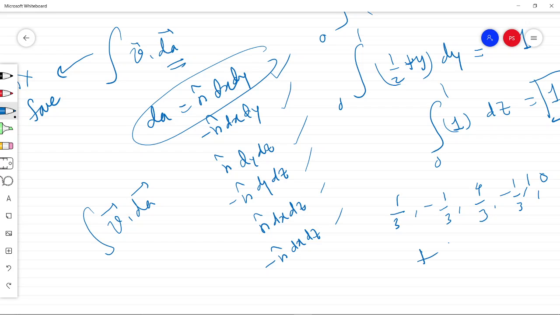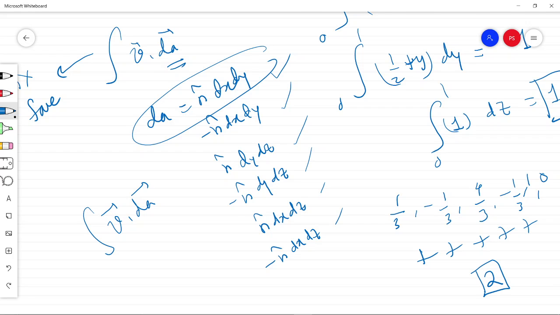If we add up all these values, this is just equal to 2.